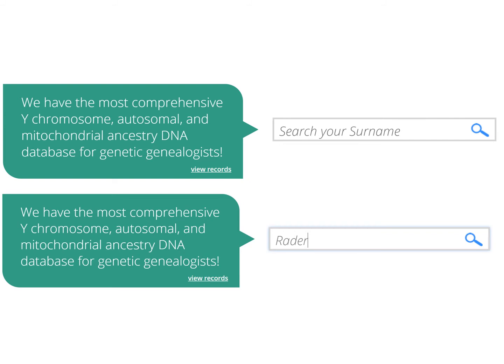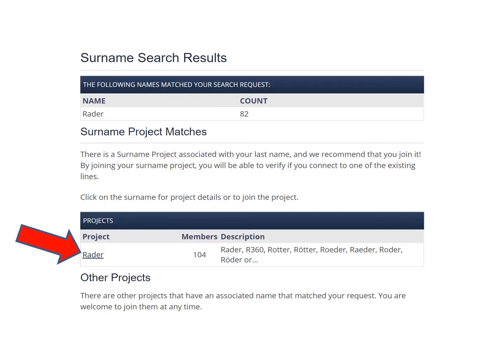To the right of that, it says search for your surname. I put in my surname on the bottom picture, same picture just filled in, and it brings me to a page like this. You notice under projects, it says there's a Rader project that has 104 members in it.